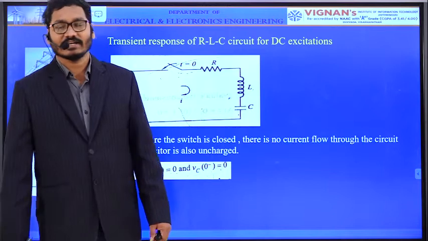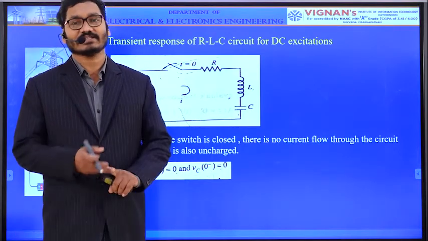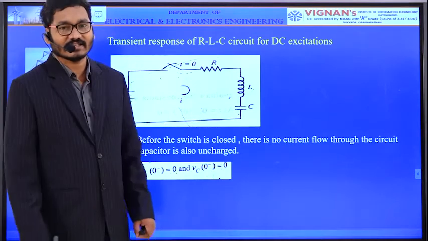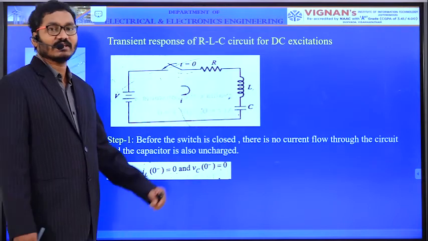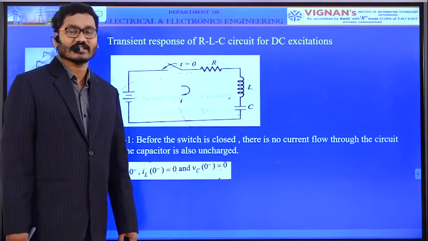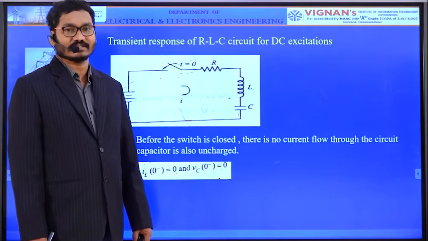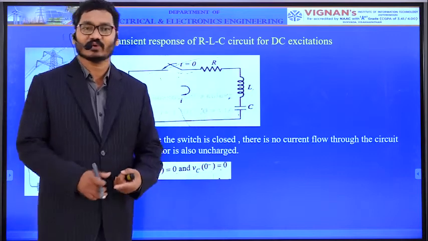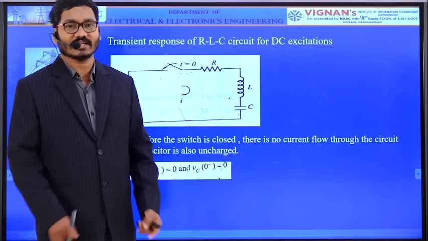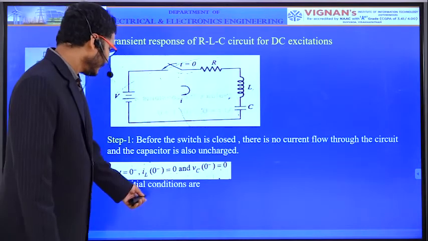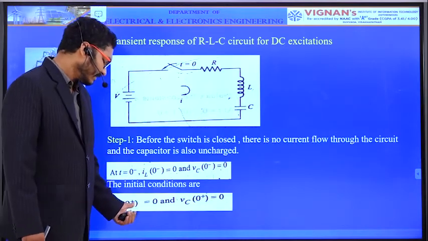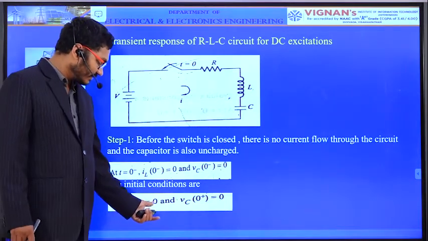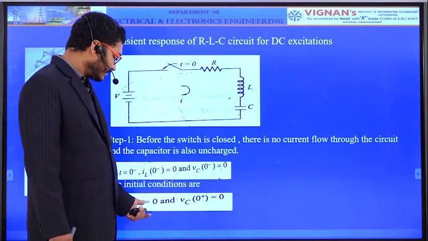As we already said, the inductor current at t equals 0 plus is the same as the current at t equals 0 minus, because an inductor doesn't allow sudden changes in current. Similarly, a capacitor doesn't allow sudden changes in voltage. So the voltage across the capacitance at t equals 0 plus is the same as at t equals 0 minus.